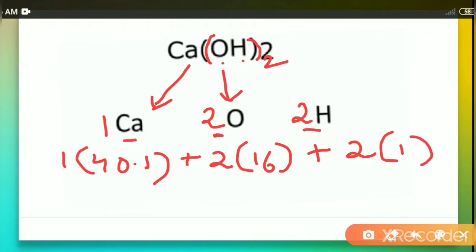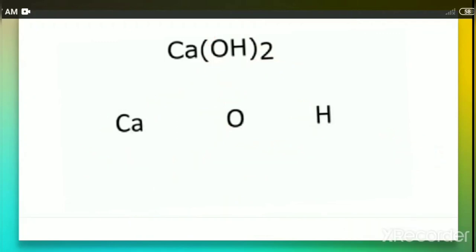When you solve this, you will get the molecular mass of calcium hydroxide in terms of U. In this way you can find the molecular mass of any molecule if you know its formula correctly. You need to split the atoms of the molecule, use the atomic masses and find the molecular mass.